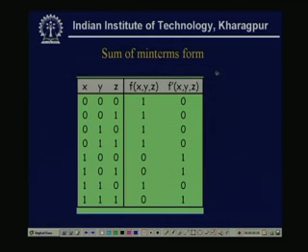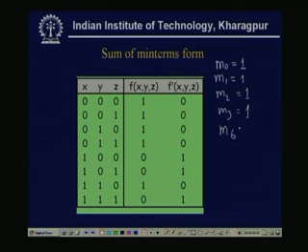So m0 equal to 1, m1 equal to 1, m2 equal to 1, m3 equal to 1, and m6 equal to 1.